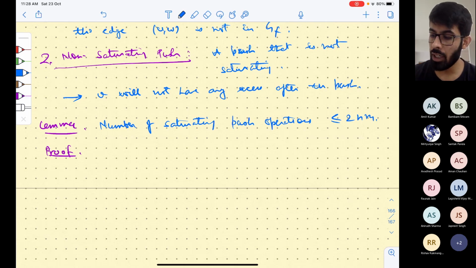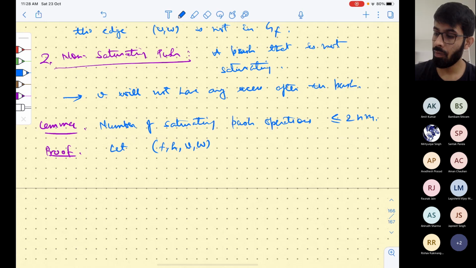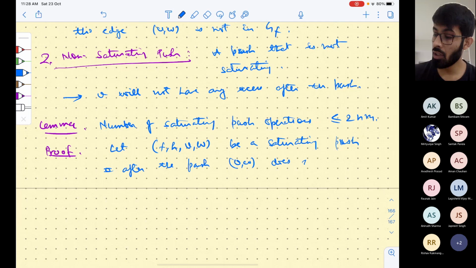So first thing is that, okay, let's look at a saturating push. F, H, B, W, be a saturating push. Okay. So we have seen that after the push, VW does not remain in the graph, right?